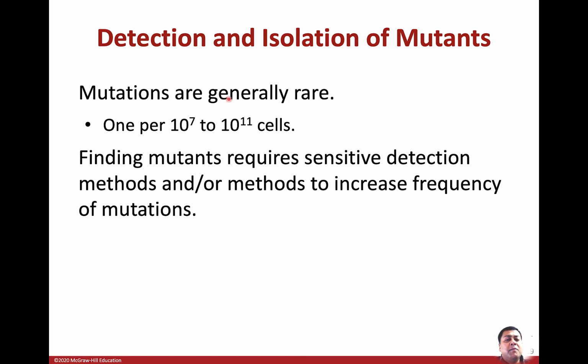But you have to remember that achieving those numbers of cells is not a huge problem, because E. coli divides every 20 minutes. So the generations by which you can make those numbers are pretty achievable.